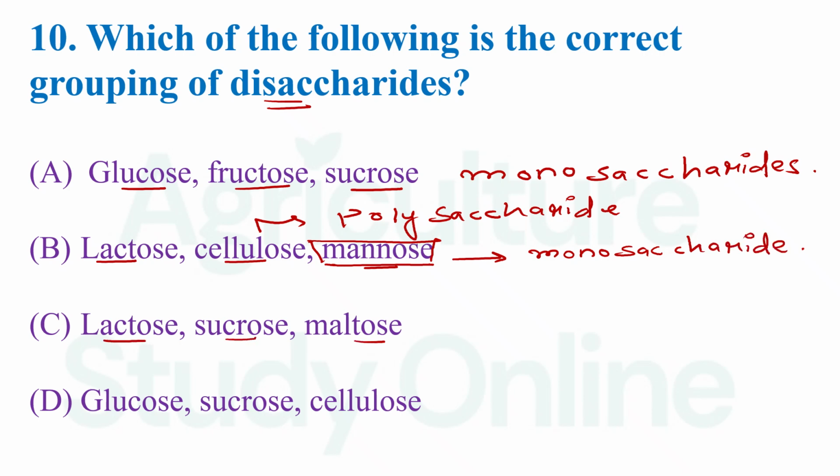Lactose, sucrose, maltose. So these three are disaccharides. Glucose, sucrose and cellulose. Cellulose again is a polysaccharide and glucose is a monosaccharide. So the correct option is option C, that is lactose, sucrose and maltose.